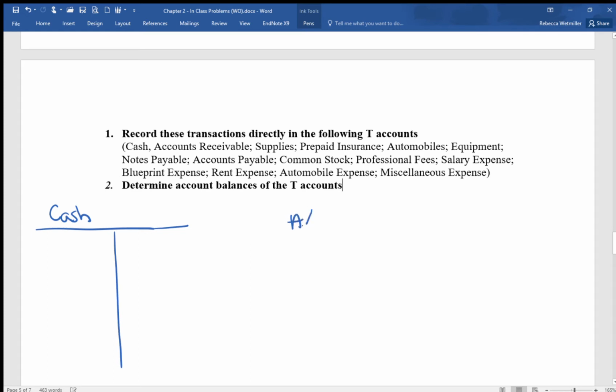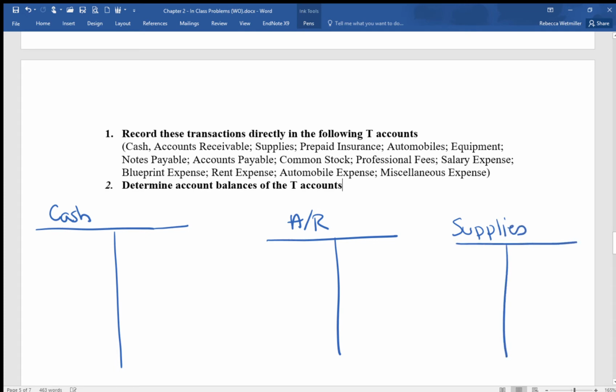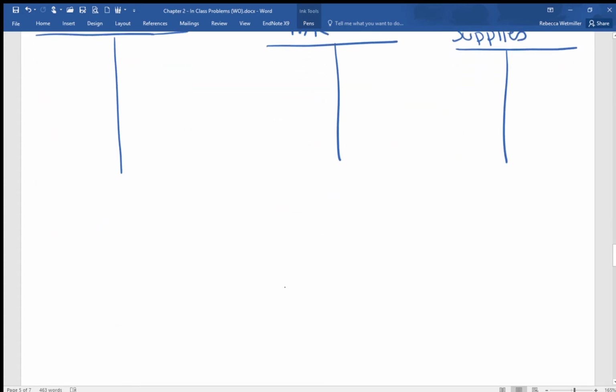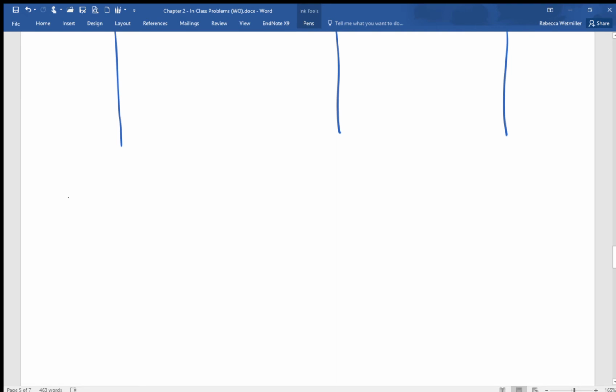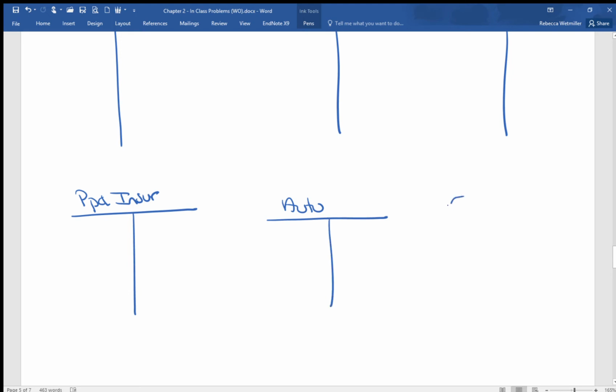Next one we have is accounts receivable, and then we have supplies. If we keep going, we've got prepaid insurance, and we've got automobiles, and we've got equipment.